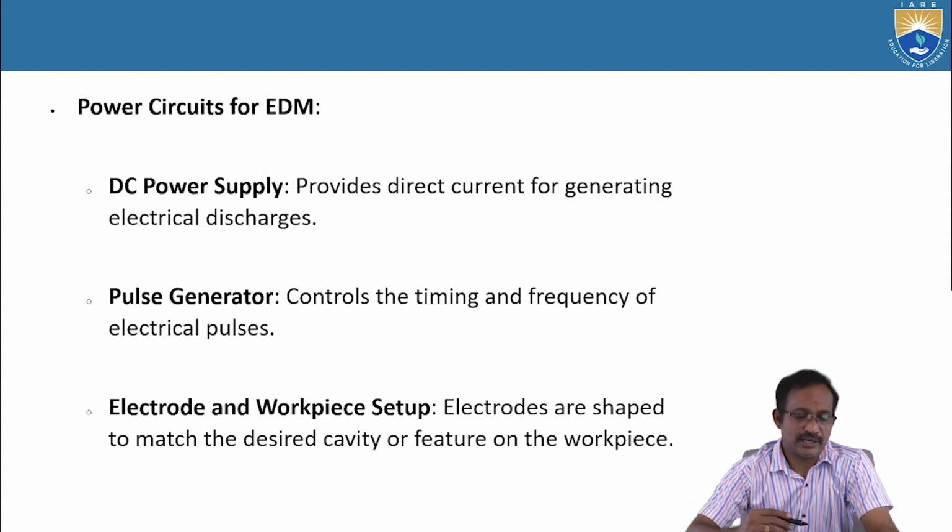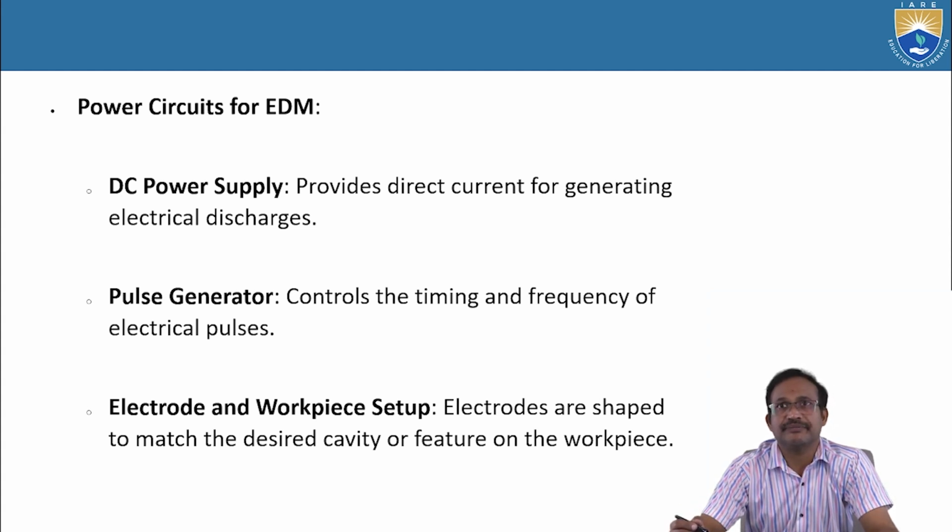Electrode and workpiece setup. Electrodes are shaped to match the desired cavity or feature on the workpiece. Whatever the workpiece may be, the electrode profile is very important in order to make the desired cavity.